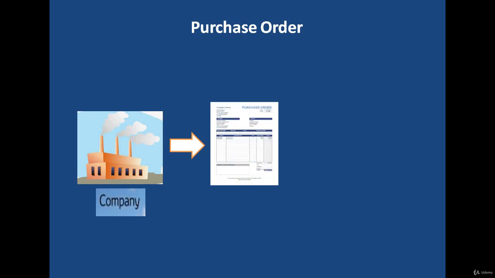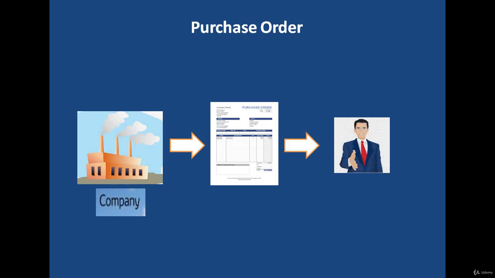The company releases a purchase order to the selected vendor for the requirement or procurement of the raw material. So now the purchase order has been generated and sent to the vendor for the procurement of the material.